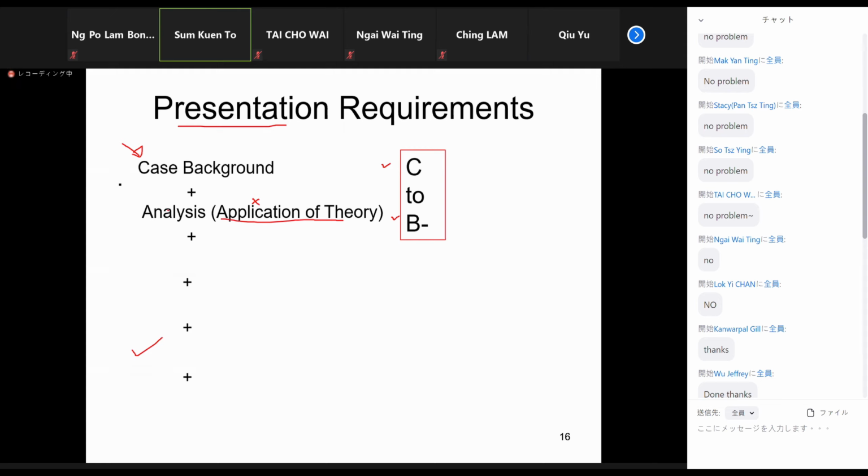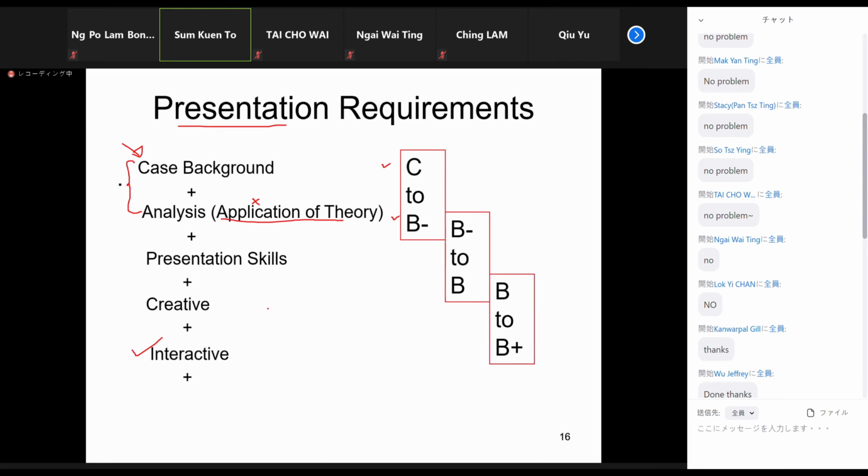But we are not talking about written material. This is a presentation. So apart from the written content, you also need to have good presentation skills. You try to be creative, and also you need to be interactive. All right, so this is how you get a higher grade.